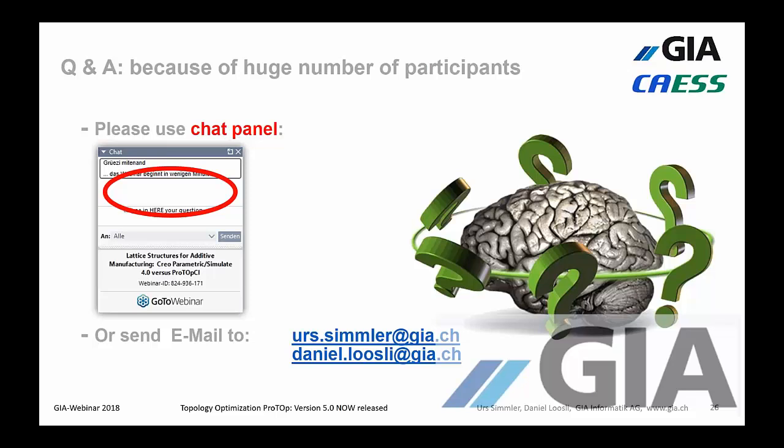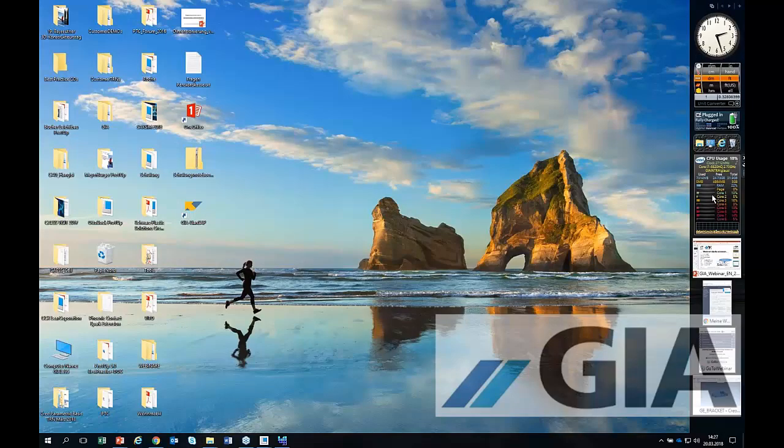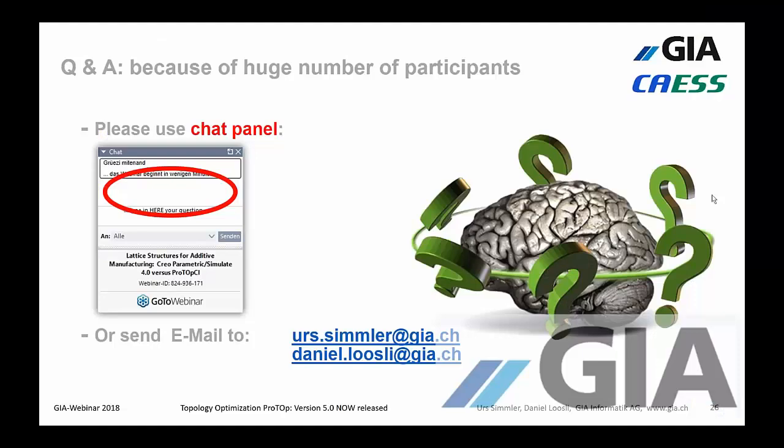So another question: how many parallel cores can the software use efficiently? I would say my computer here includes 8 cores, as we can see right now, and they really can be used efficiently.